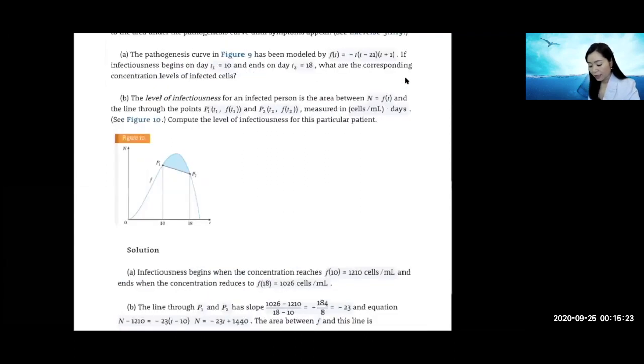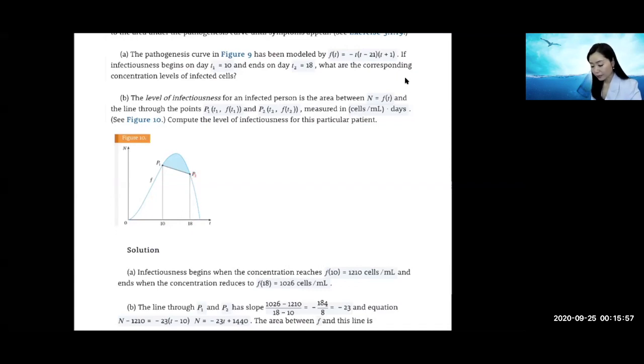B. The level of infectiousness for an infected person is the area between this curve and the line that goes through the two points P1 and P2, with P1 having this t coordinate to be t1 and P2 having this t coordinate to be t2.